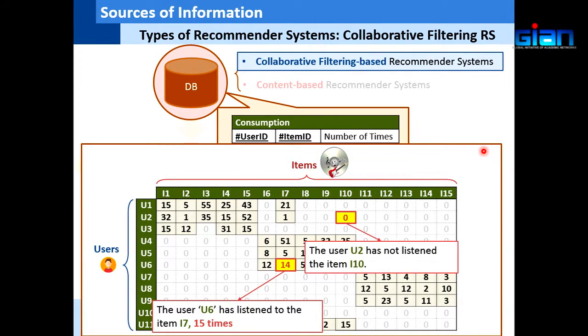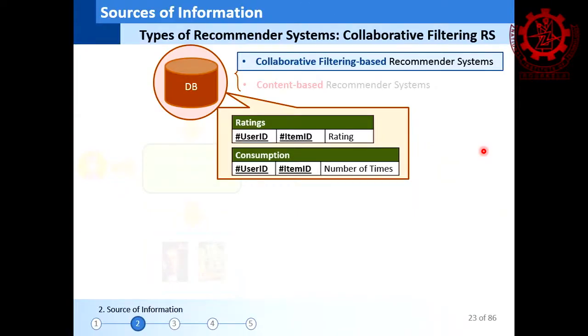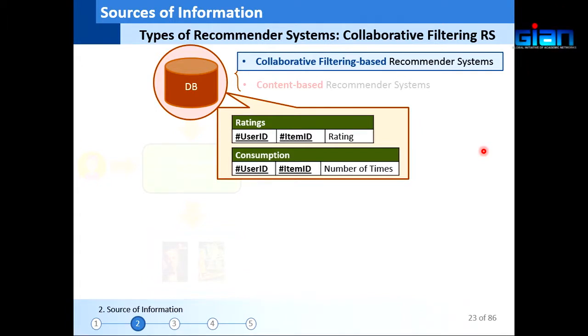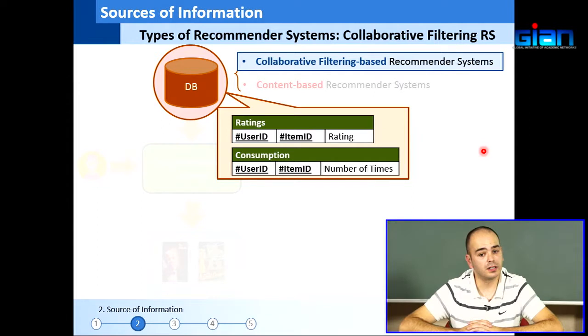And here we have a lot of null values in this table, because the user has only consumed a few items. Okay, this is the kind of input we have when we deal with collaborative filtering-based recommender system.